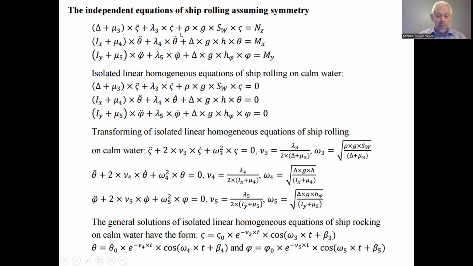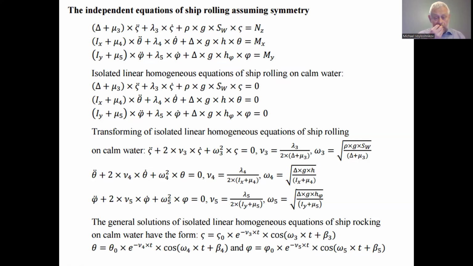One equation is the equation of the ship translation motion along the applicate axis, and 2 equations of the rotational motion around the abscissa axis, that is the rolling, and around the ordinate axis, this is the pitching. All these 3 are inhomogeneous linear second order differential equations.